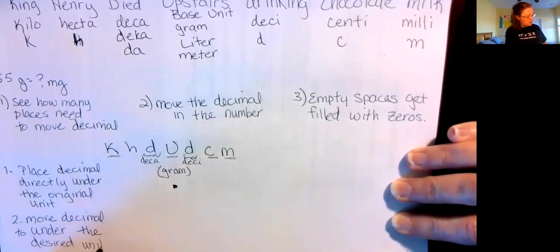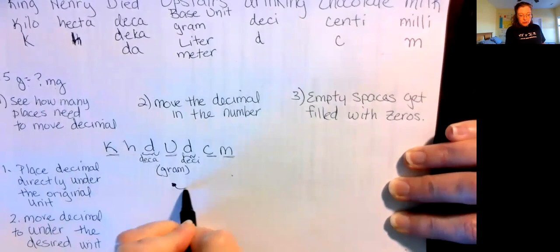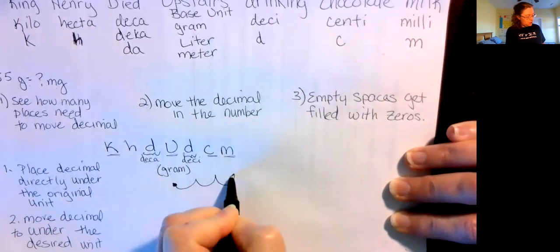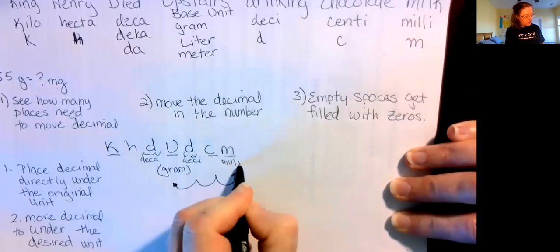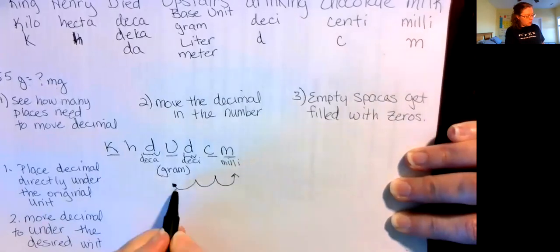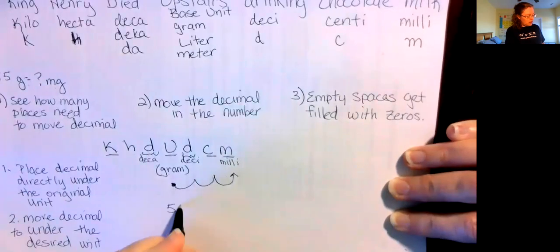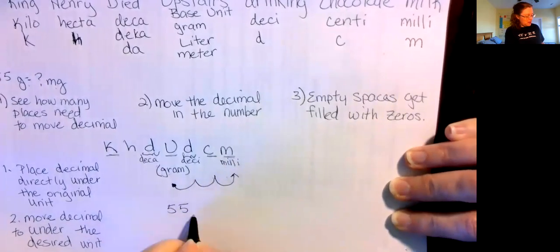All right, well, let's see. Milli is over here. So I'm going to go swoop under the D, swoop under the C, and swoop under the M for milli. I've moved the decimal 1, 2, 3 places to the right. I'm going to now do that with my 55. There's no decimal drawn, but there's an invisible decimal there at the end of the number.